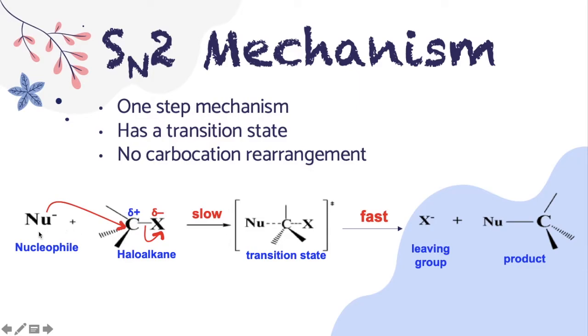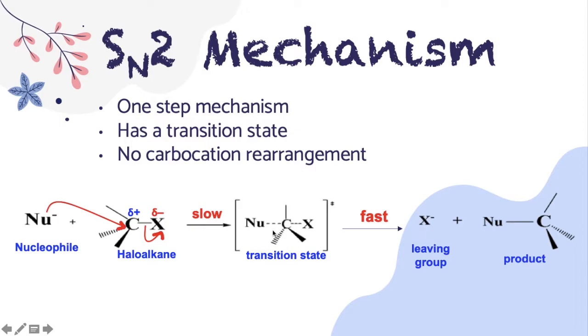So the nucleophile will attack the electrophilic carbon, using its lone pair to form a bond with the carbon in the haloalkane. This reaction is a slow reaction. Nucleophile attack on the C delta plus of the haloalkane is a slow reaction.